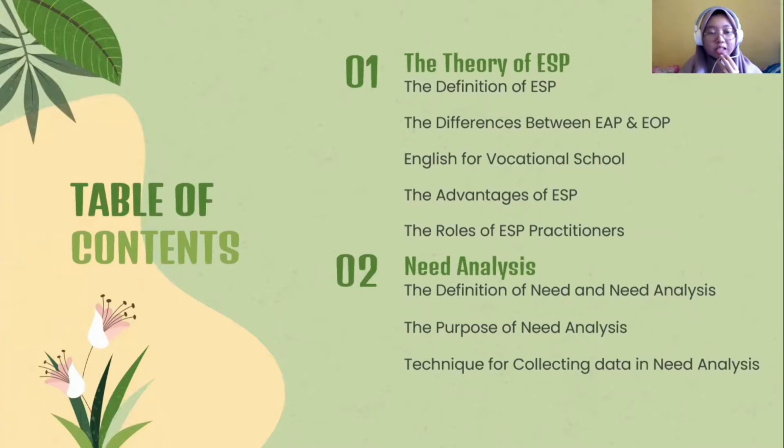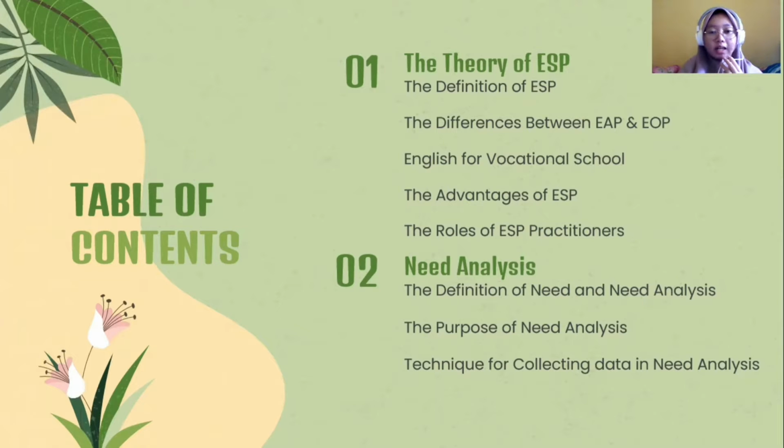So in this presentation, we will talk about two main topics. The first one is the theory of ESP, and the second one is need analysis. The theory of ESP consists of the definition of ESP, the differences between EAP and EOP, English for vocational schools, the advantages of ESP, and the roles of ESP practitioners.